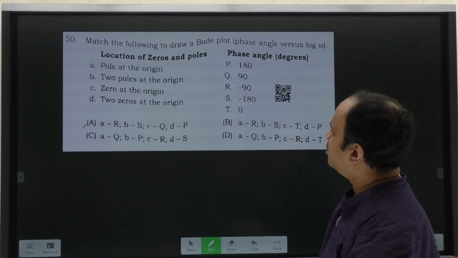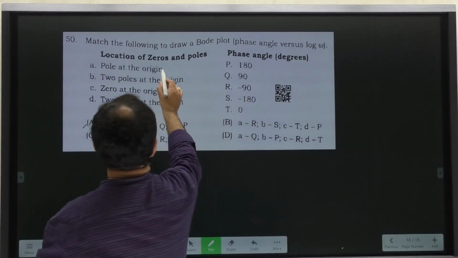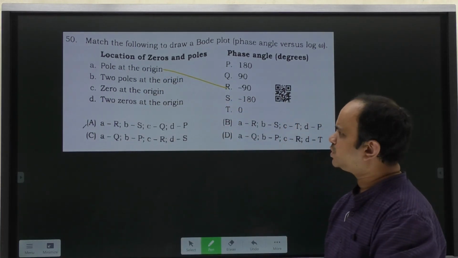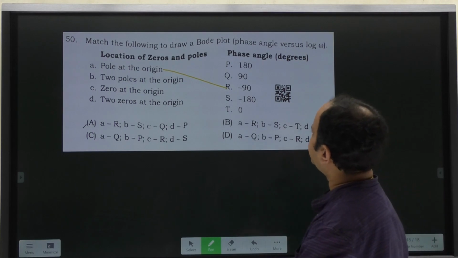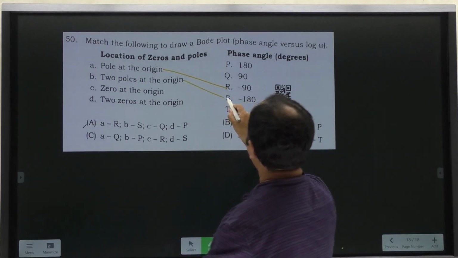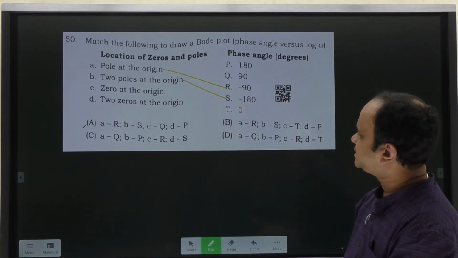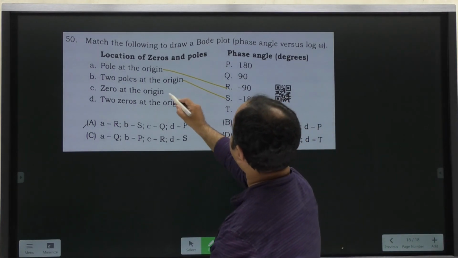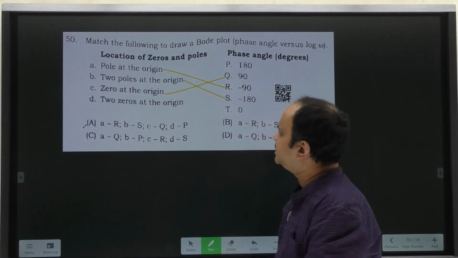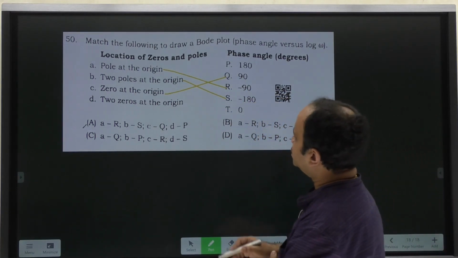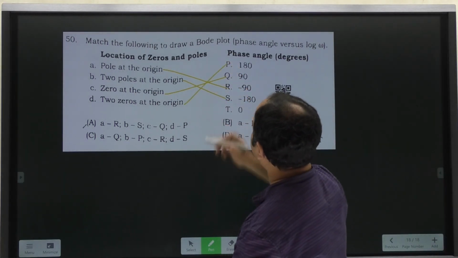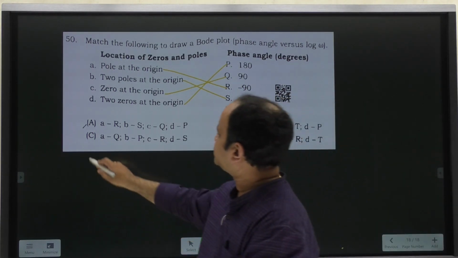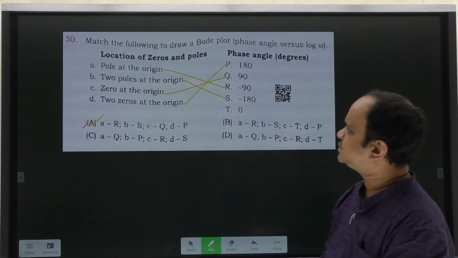A pole at the origin will give minus 90 degrees in the phase plot. Two poles at the origin will have minus 180 degrees. A zero at the origin will have 90 degrees. Two zeros at the origin give 180 degrees. Therefore option A will be the correct answer.